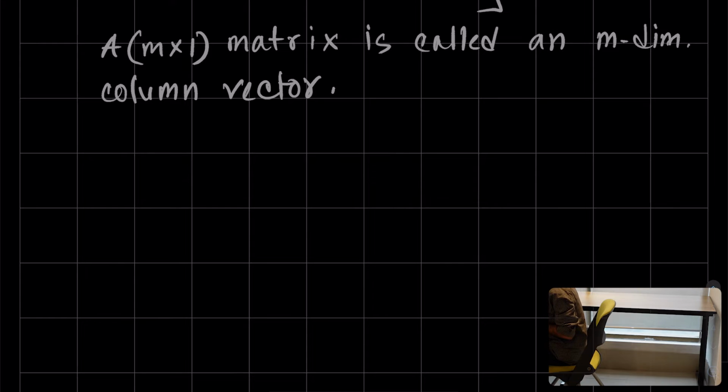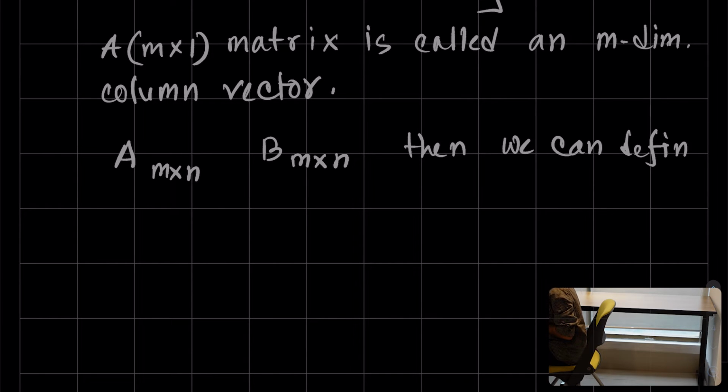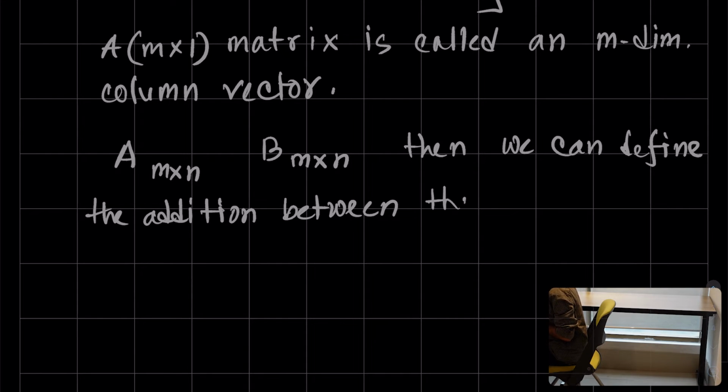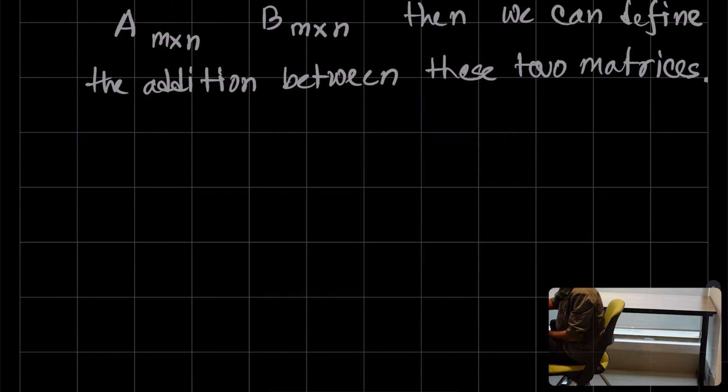So A is a matrix of size, let's say, m cross n, and B is a matrix of size m cross n, then we can define the addition between these two matrices. And how do you do that?